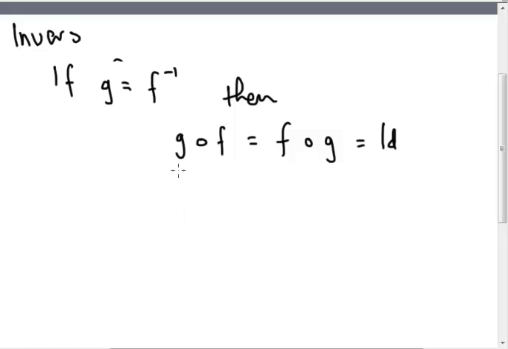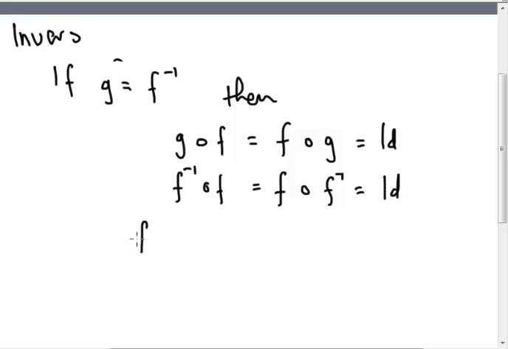So in other words, we can now replace G with the inverse function of F. Then this becomes something like this, and that is again the identity.